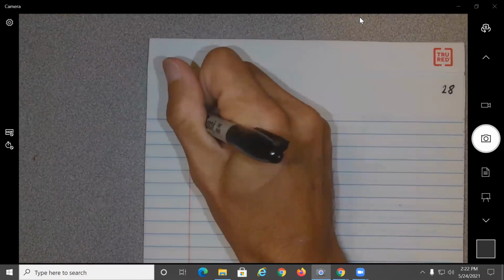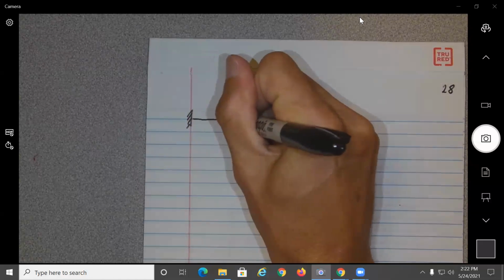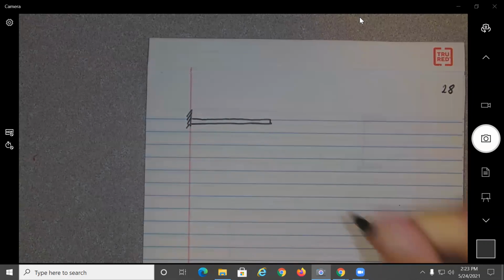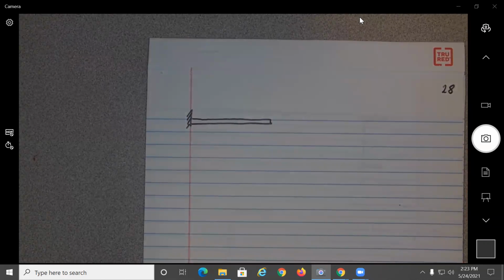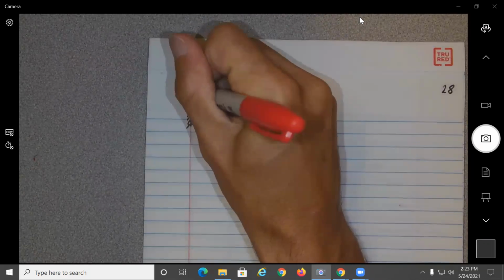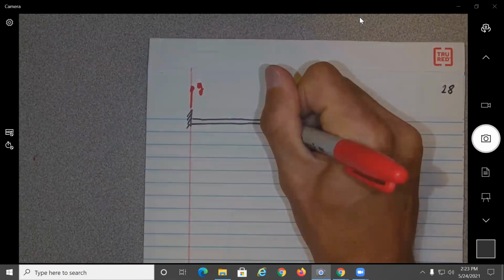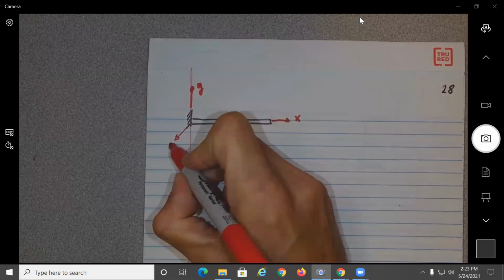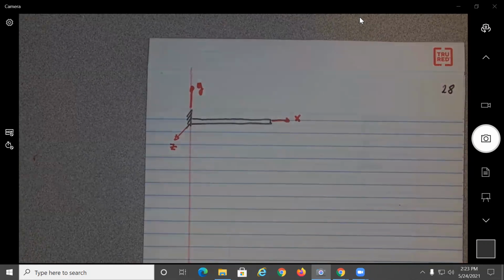All right, so let's say this problem is, just for the visualization, let's say this is our beam. Okay. So we know our current system is what? Y, x, and z. Okay.